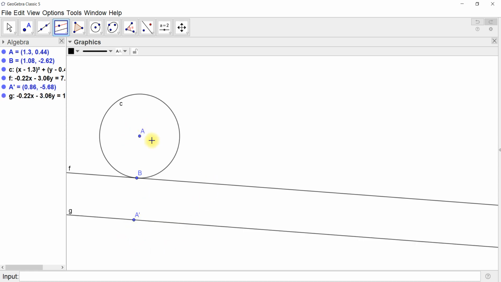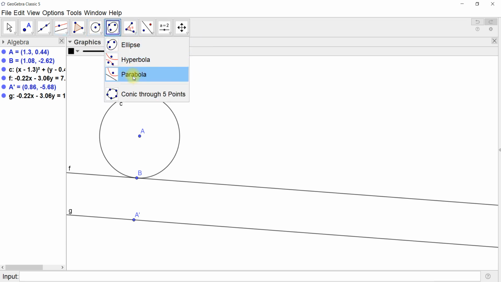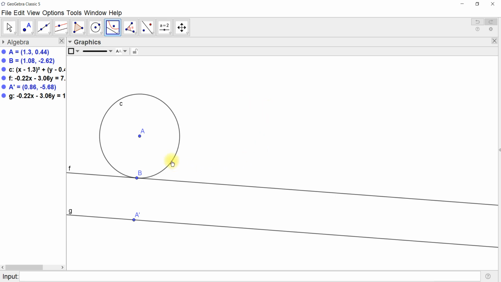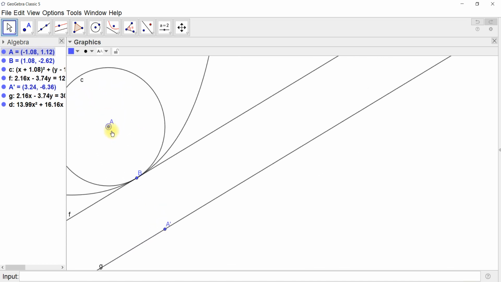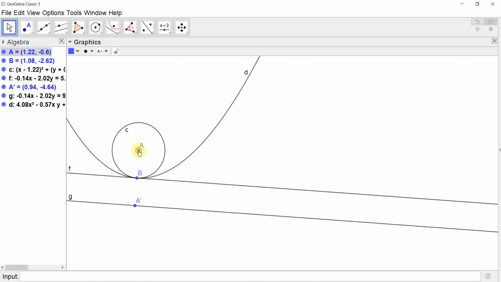So this is going to be our focus. This is going to be our directrix. And as a result, now I can go to our conic sections up here, and there's a parabola. And if I tell it this is the focus and this is the directrix, there is our parabola. And again, if I adjust my A, the parabola adjusts.